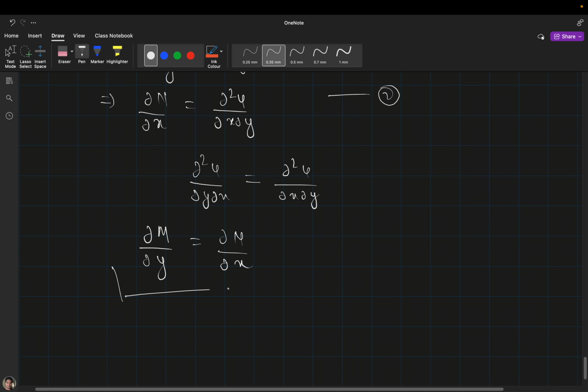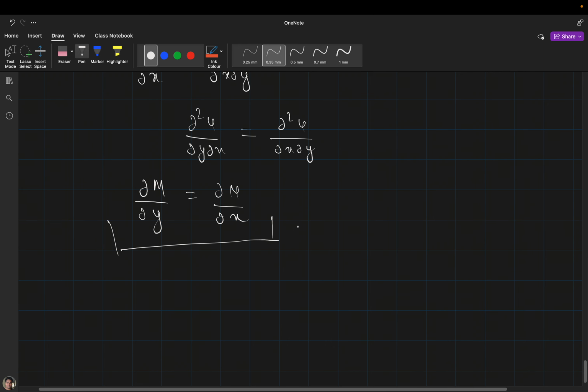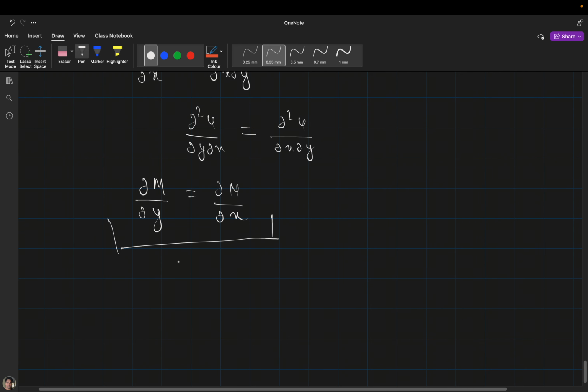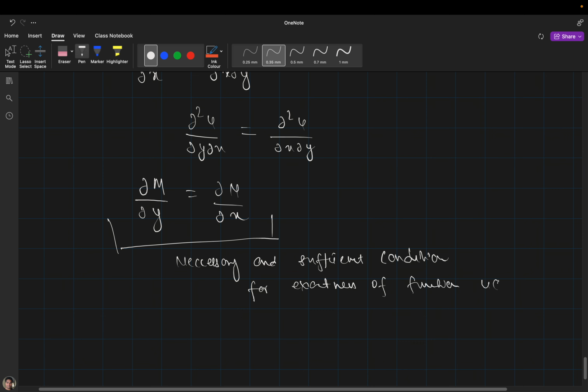This is called the necessary and sufficient condition for exactness of the function u(x, y) equal to c.